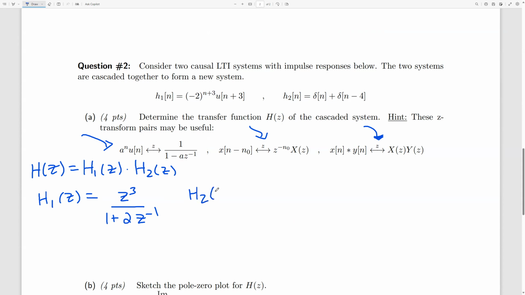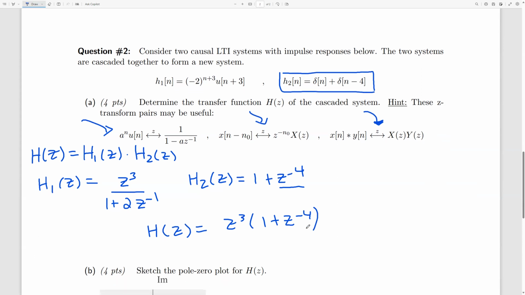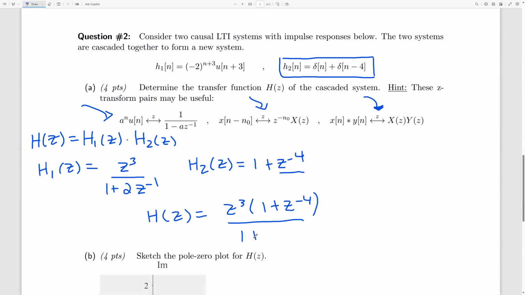And H2(z) equals 1 plus z to the -4, where on here I used the shifting property. If you're familiar with z transforms, you can look in the table if you want. So their product is obviously H(z) equals z cubed times 1 plus z to the -4 over 1 plus 2z to the -1.